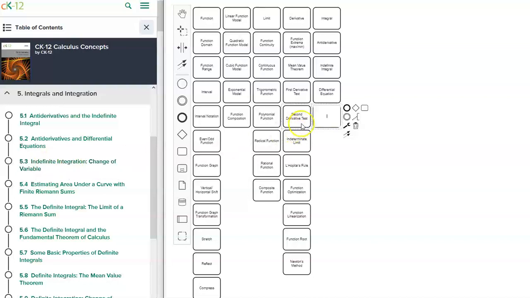Indefinite integration, indefinite integral. So what I can do here is I can do integral, integration. There we go. And I think I had something similar prior. Interval and interval notation.